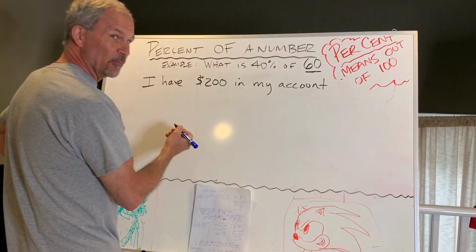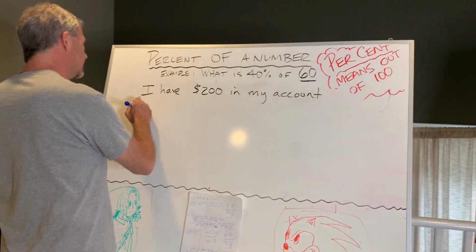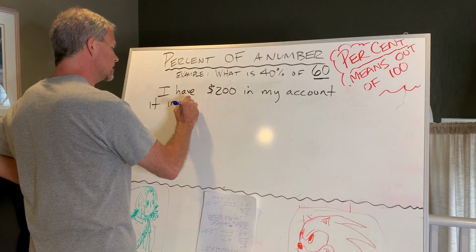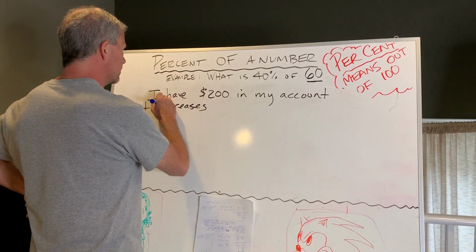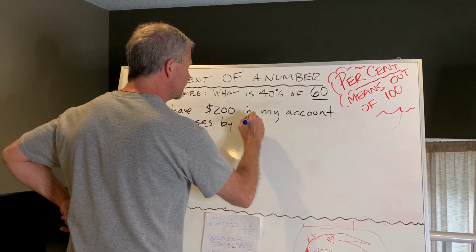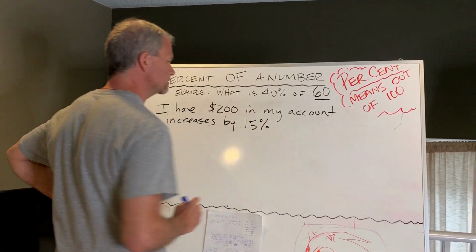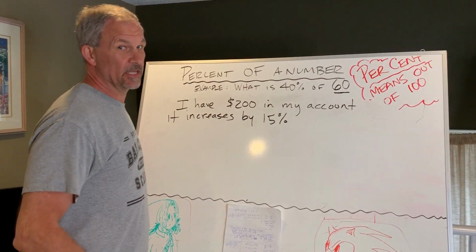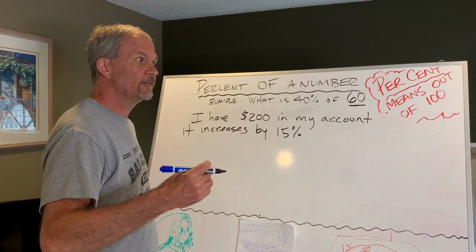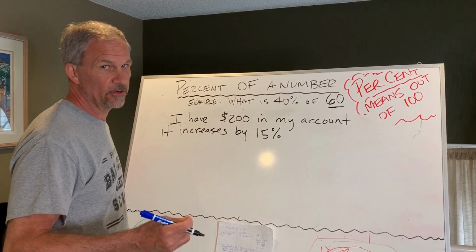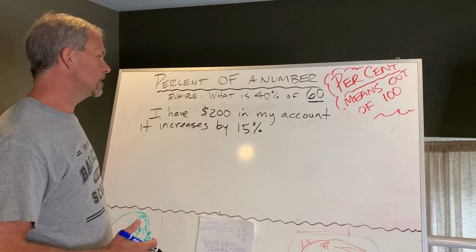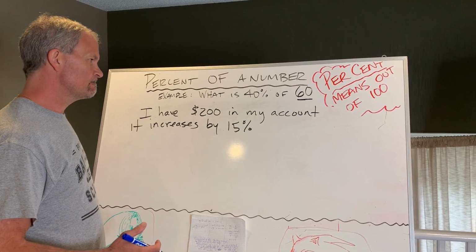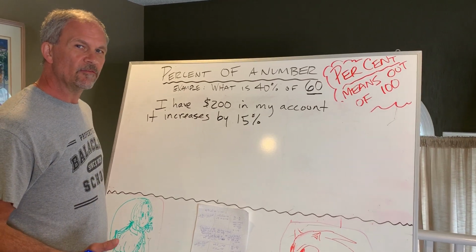It's been a good day on the market. It increases by 15%. I made 15%. That's pretty good. If you can make like 5% in a year, you're doing well. But let's say it increased by 15%. How much do I have now?